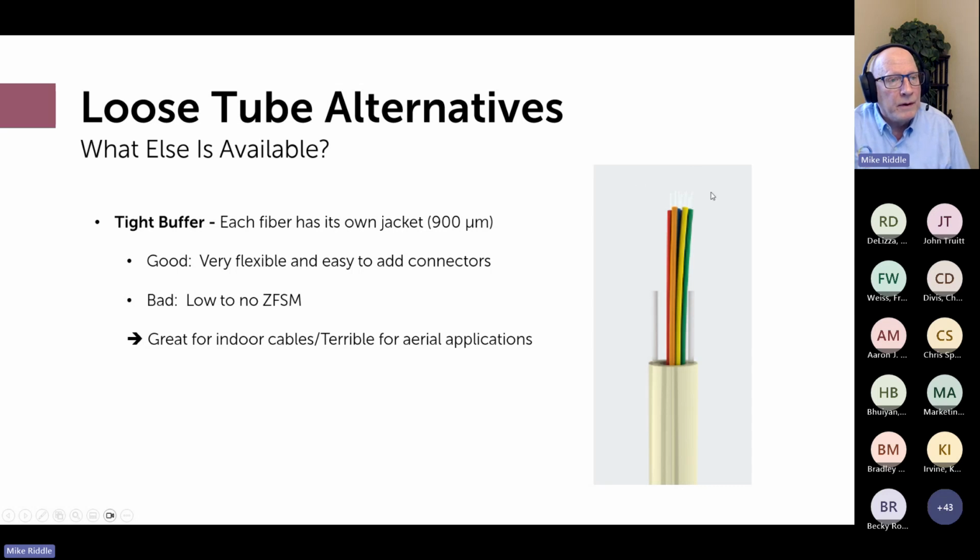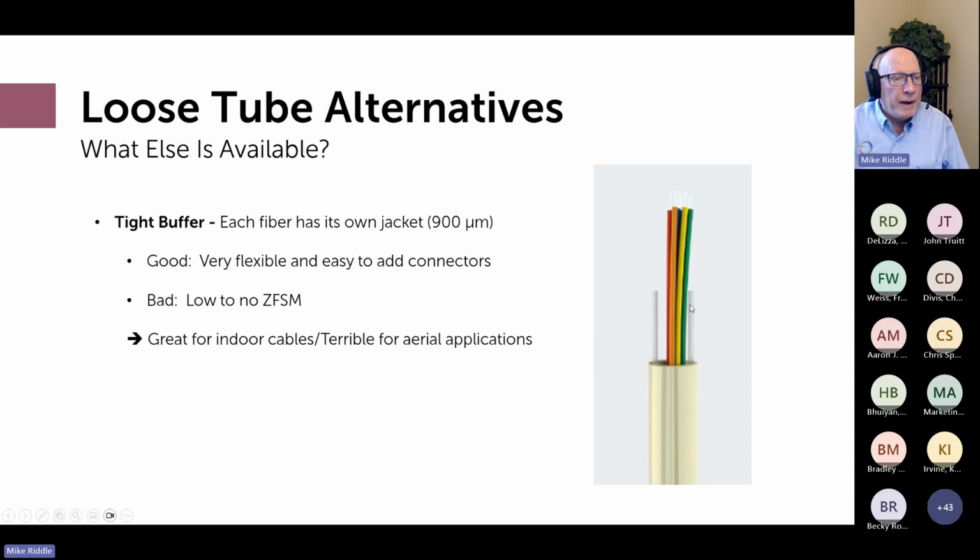Typically you don't even bother to color the fibers themselves because the jacket serves as the identifying color code. These cables are very flexible and they're very easy to add connectors to each of the individual fibers.